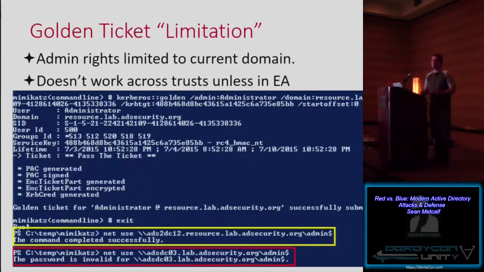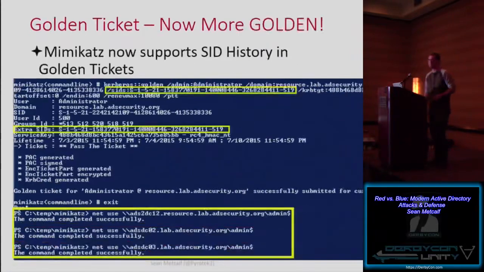So I was doing some research on SID history in the May-June timeframe, and I reached out to Benjamin Delpy, who wrote Mimikatz, and I said, hey, Ben, can you add SID history to tickets for Mimikatz? And he said, sure. Why? He soon figured it out.